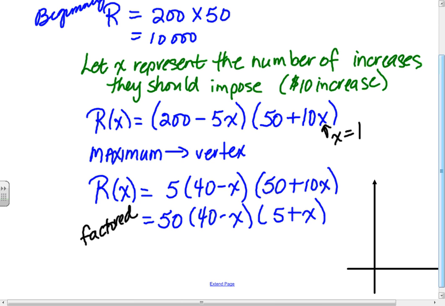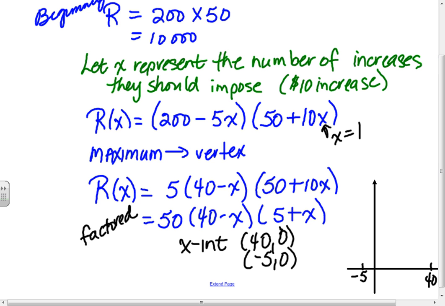This will allow me to say that my x-intercepts are 40 and -5. So that means I have a parabola, and I know it's upside down because I'm looking for a maximum.